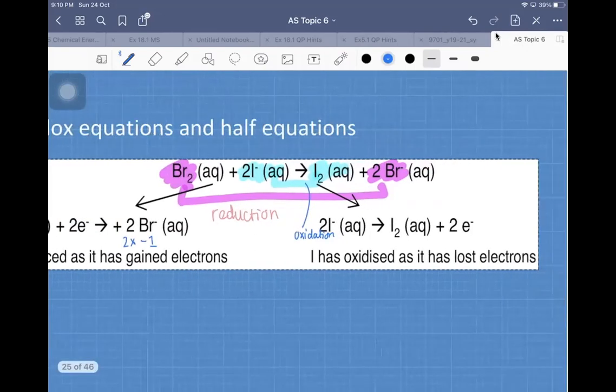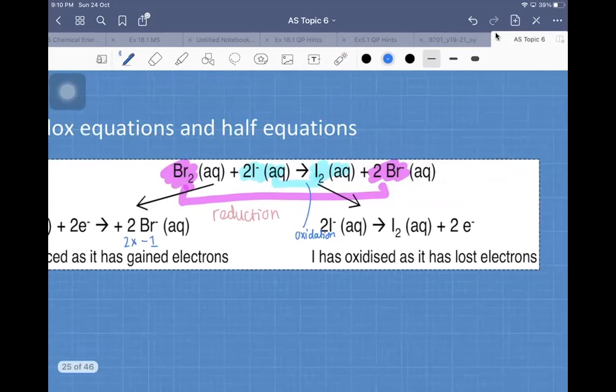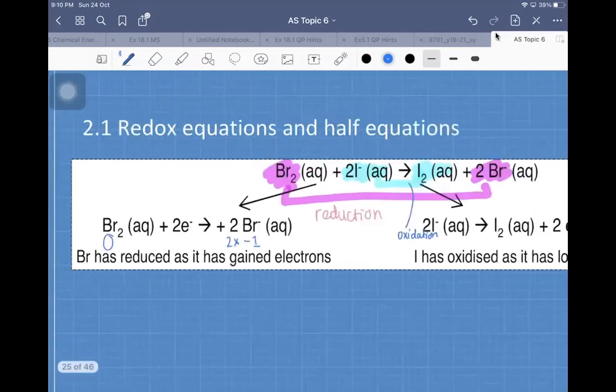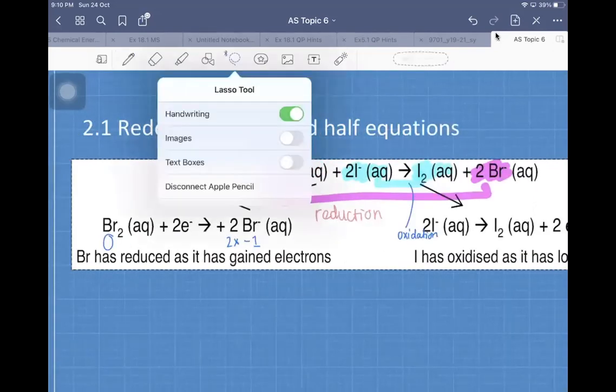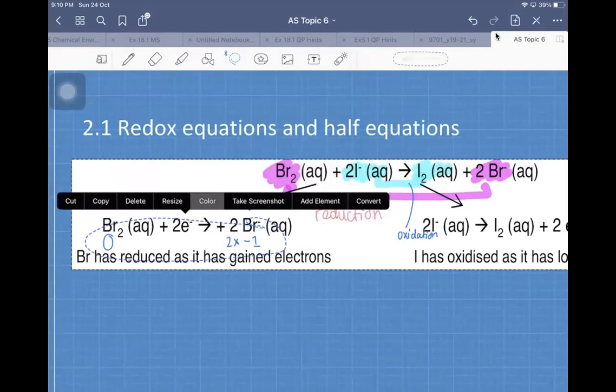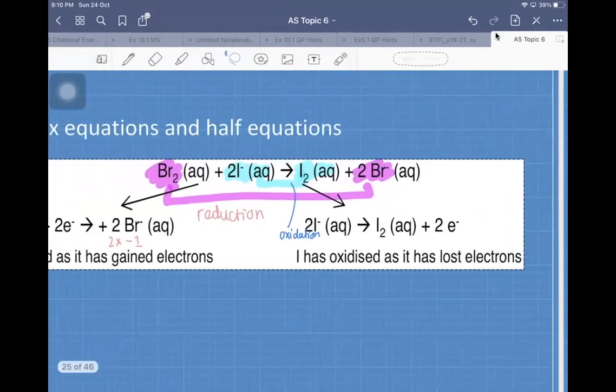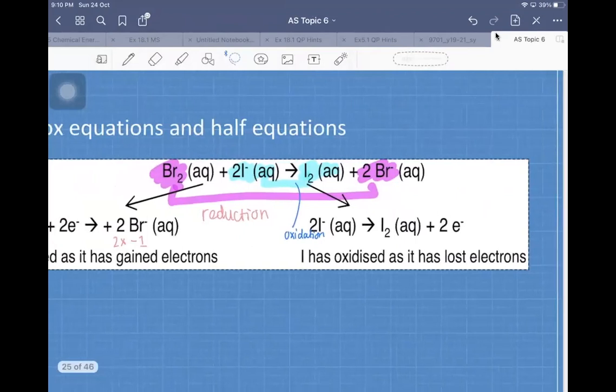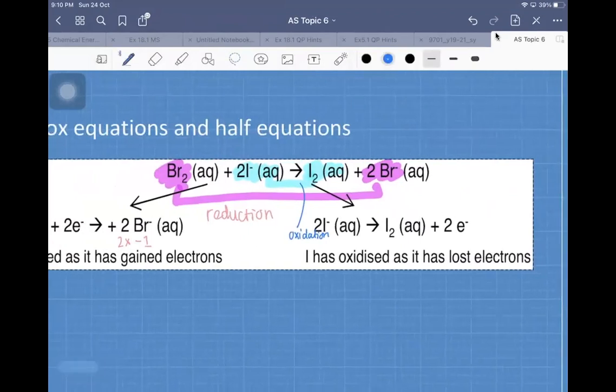Whereas for oxidation, I should have used a different color just now, otherwise I don't want to confuse you. So this one, I'll change it to pink. And then for oxidation, I'll use blue. So iodide ion, I-, has an oxidation number of -1.